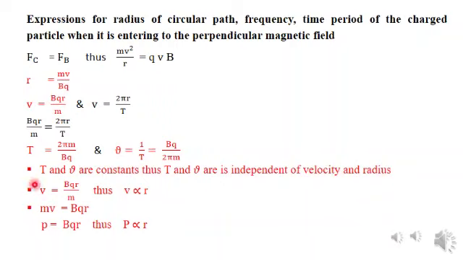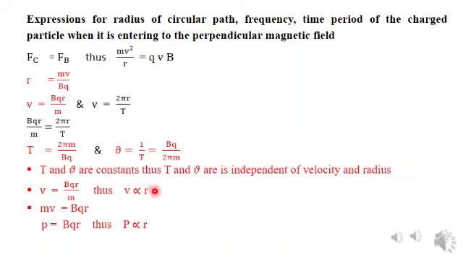We know the expression of velocity is v equals bqr divided by m. Since the mass of the charged particle m is constant, charge of the particle q is constant, and since charged particle is coming to the uniform means constant magnetic field, b is constant, we can write v proportional to r.